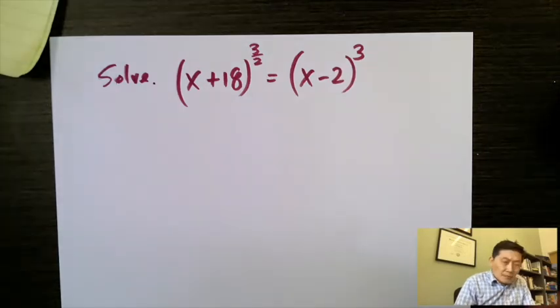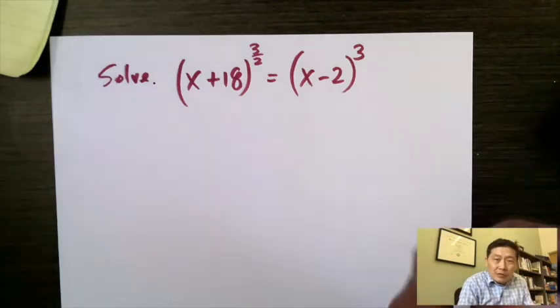So the idea right now is a way to get rid of the rational exponent.